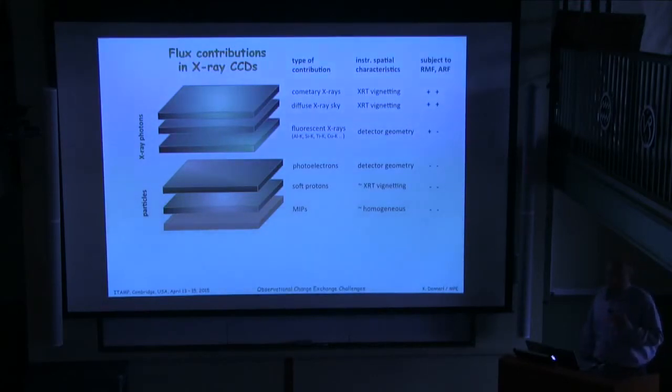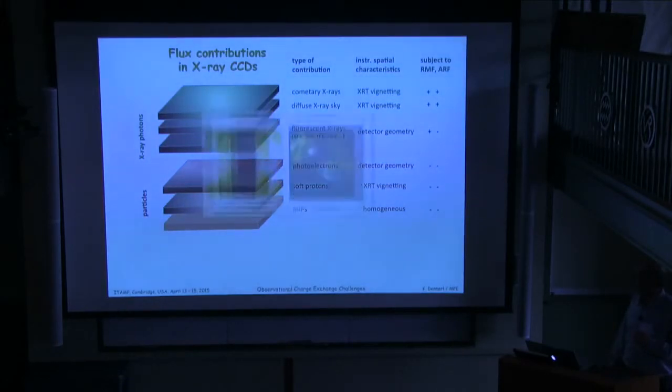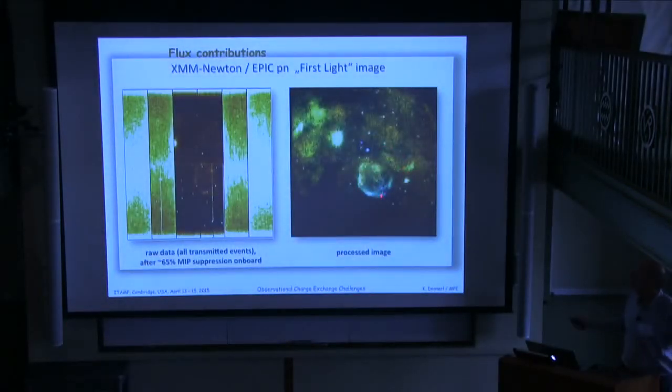And I had a very interesting experience when I was working on the first light image of XMM-Newton. This is this one, which you may have seen. This is actually what the raw data looked like. And this is full of all these disturbances caused by the minimum ionizing particles.